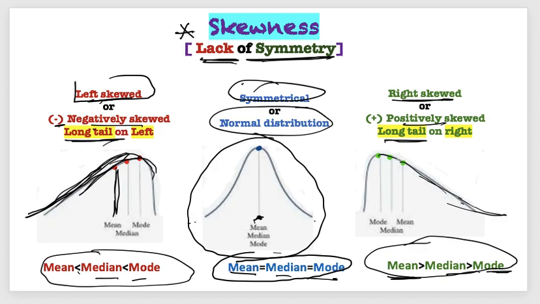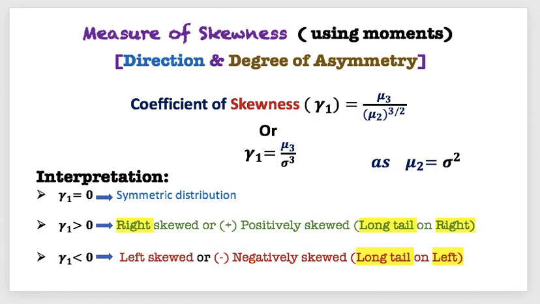But in our current discussion, we are going to use a moment formula. So what is a measure of skewness using moments? We know that mu3 will give us a clue about the direction. If it is positive, we can say it is positively skewed. If it is negative, we can say negatively skewed. But if we want to find out the degree, as a ratio, we can use a formula called the coefficient of skewness, denoted by gamma 1.